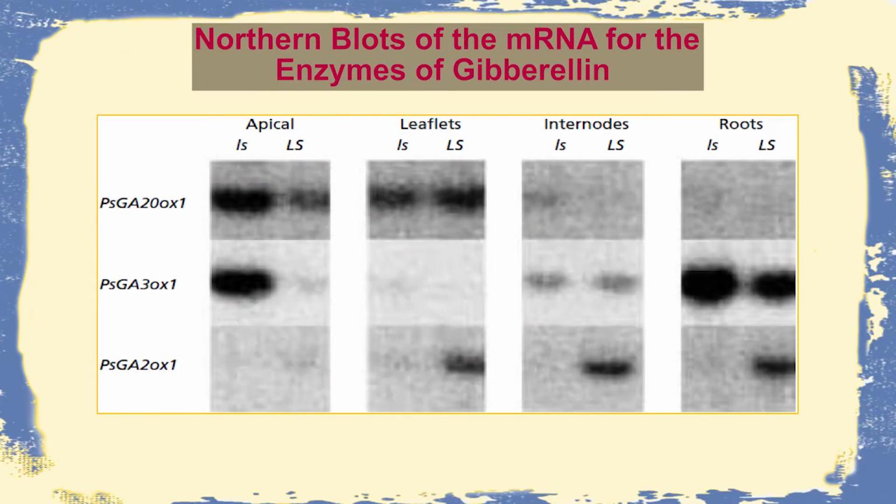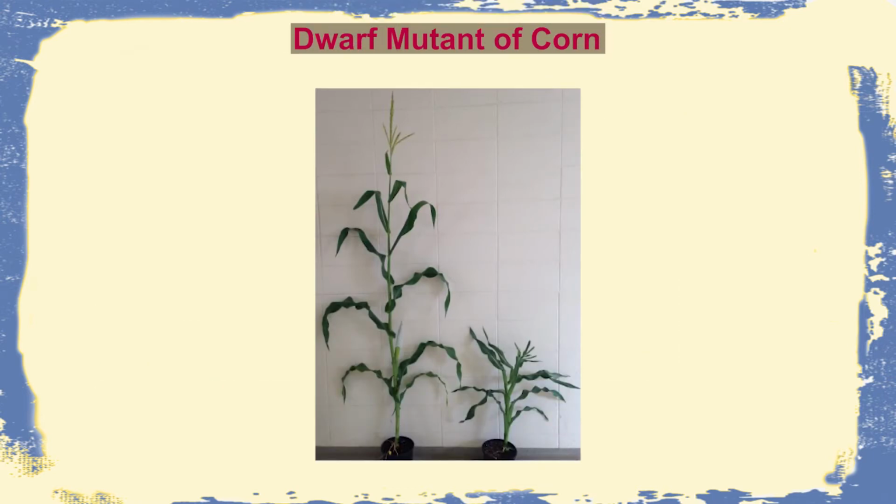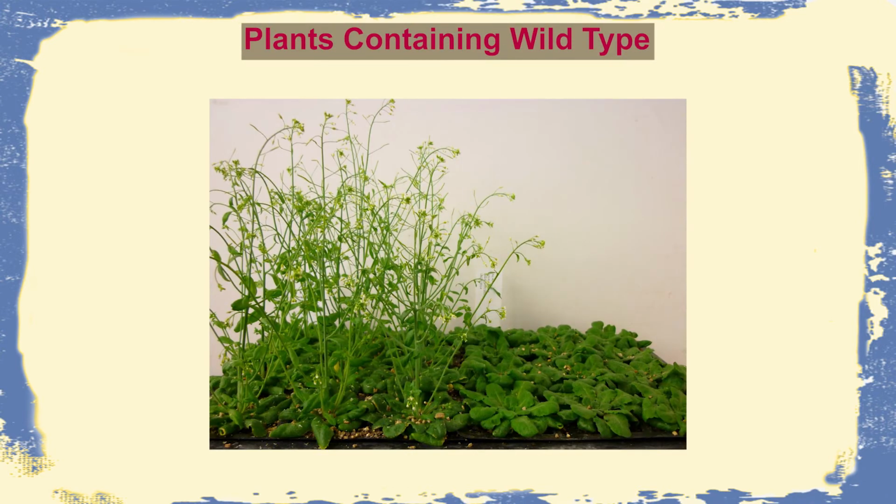Now, this is a northern blot experiment to check the levels of the mRNAs for the enzymes of gibberellin biosynthesis as well as degradation. Two kinds of plants are taken. One is a dwarf variety which doesn't have gibberellin, that is gibberellin deficient, and another is a wild type that has normal gibberellin level.